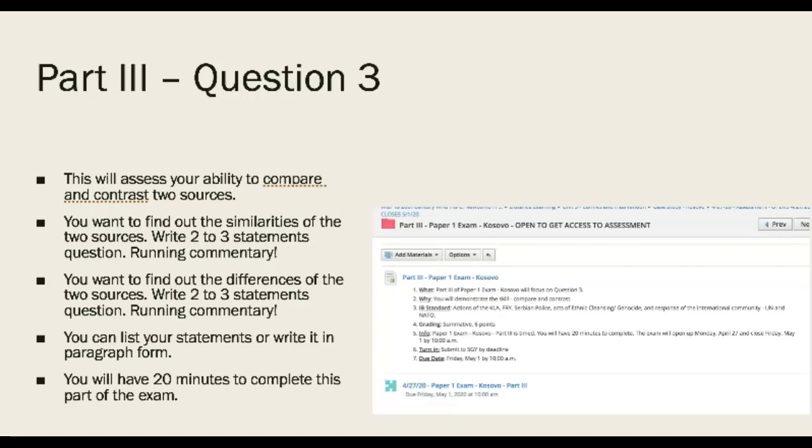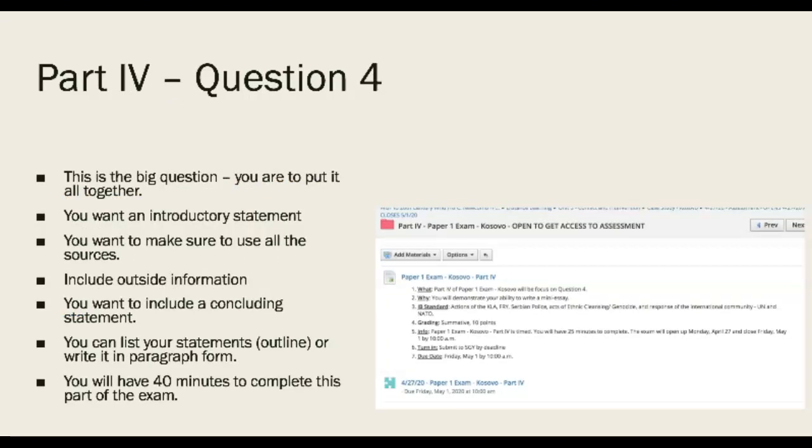So again, chunk those similar statements together, and then chunk those different statements together. Or if you're going to write in a paragraph, one paragraph about similarities and the other paragraph about the differences. And you'll also have 20 minutes to complete this part of the exam. So again, be aware of the time.